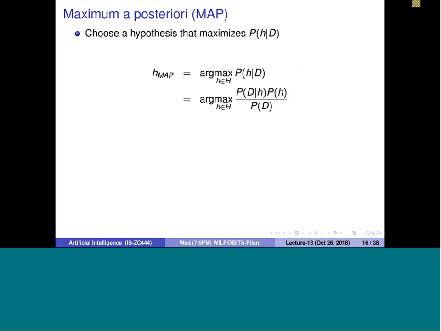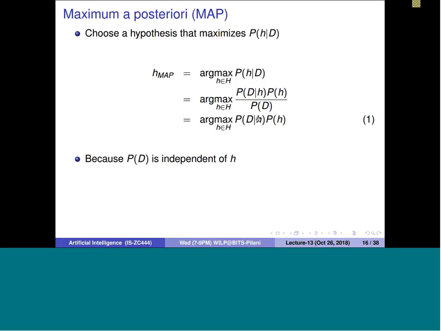And if you want to maximize this, you can maximize only the numerator, because probability of data is not dependent on the hypothesis. Even if the hypothesis changes, probability of data does not change. So you remove this part, and probability of data given H times probability of H remains. Any hypothesis that maximizes this value is the MAP hypothesis.